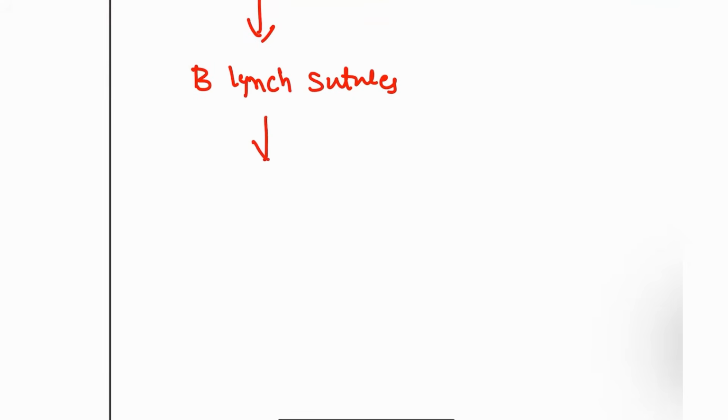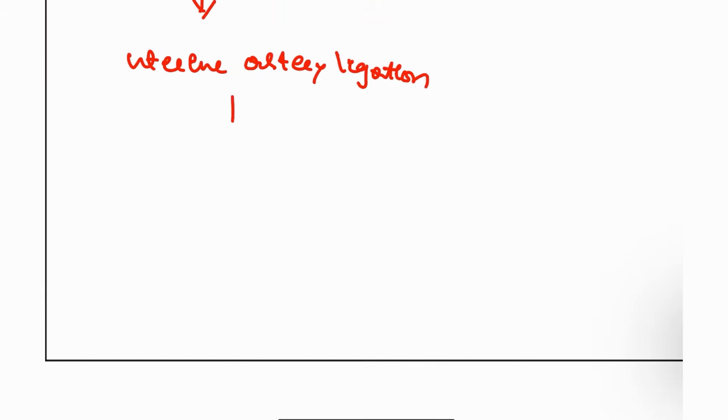If it is still not controlling, then we have to go for the ligation. First step, uterine artery ligation can be done, or ovarian artery. If it is still persisting, then we can go for the subtotal hysterectomy.